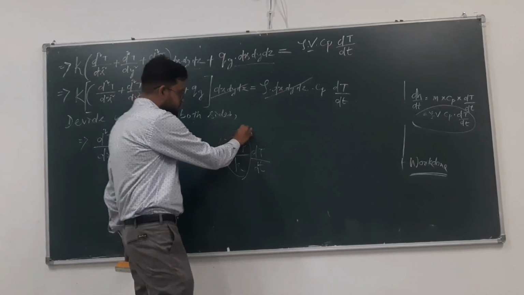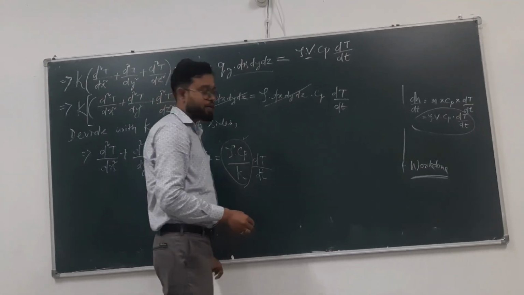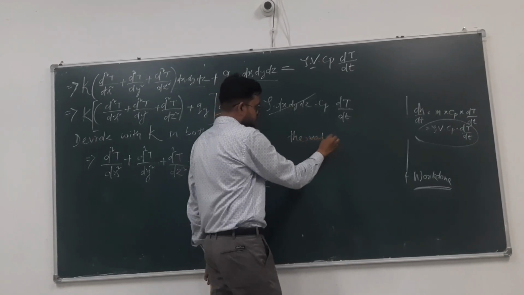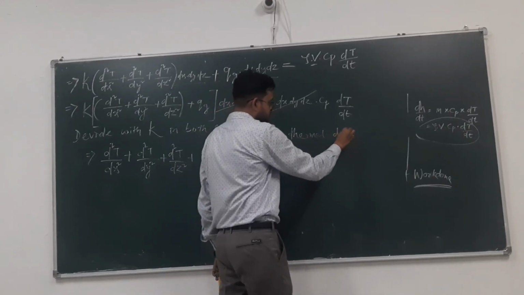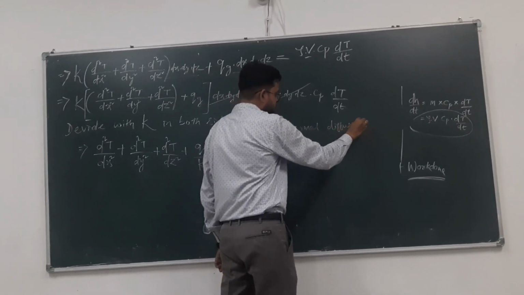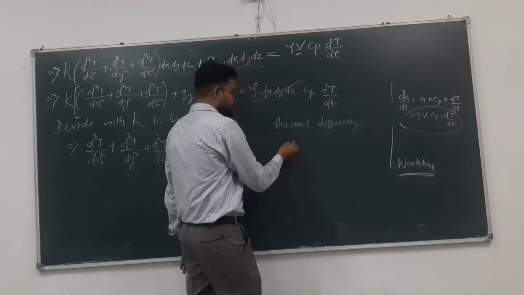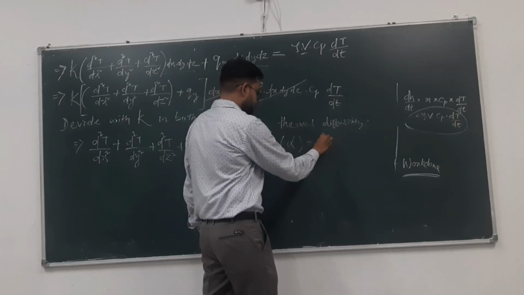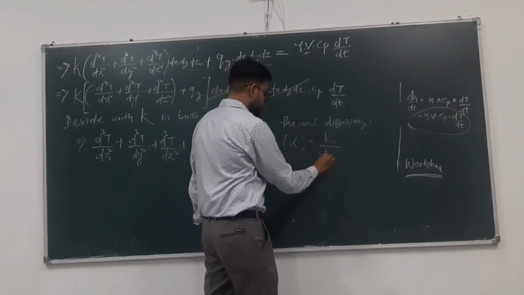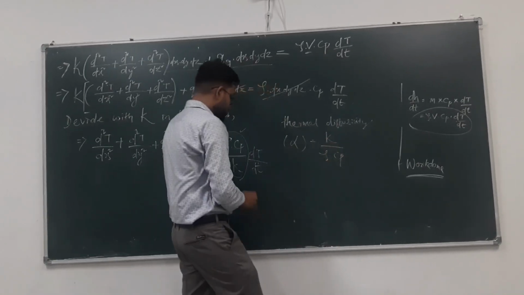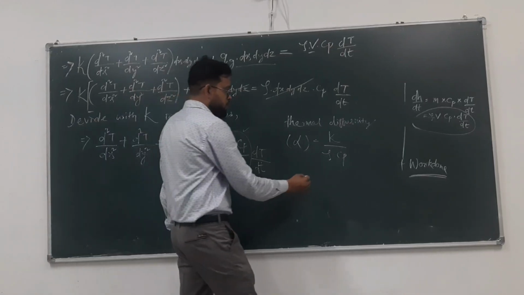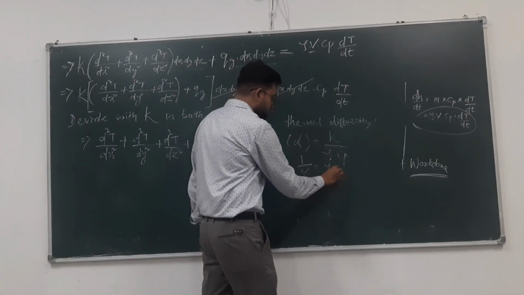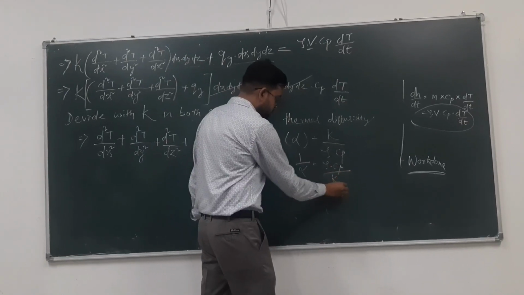Thermal diffusivity alpha equal to k by rho Cp. So it is the inverse of that one. 1 by alpha equal to rho Cp by k.